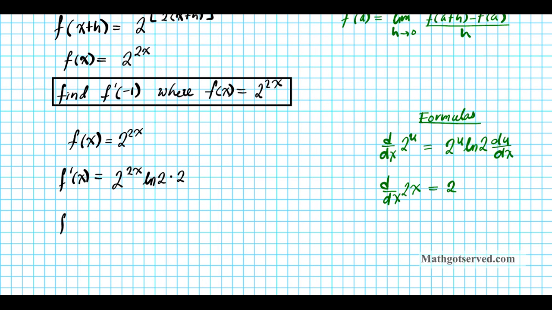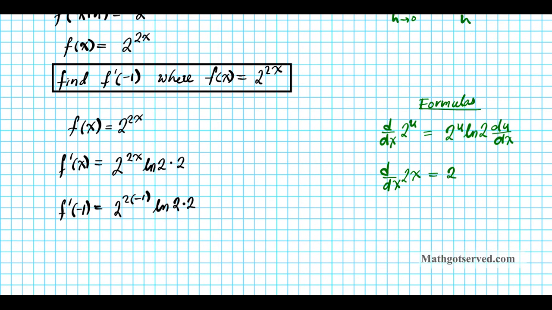So we're going to find f prime of -1. F prime of -1 is equal to 2 raised to the 2 times -1 times the natural logarithm of 2 times 2. Alright, so let's simplify this. This becomes 2 ln 2 over 2 raised to the -2, which is 2 squared.